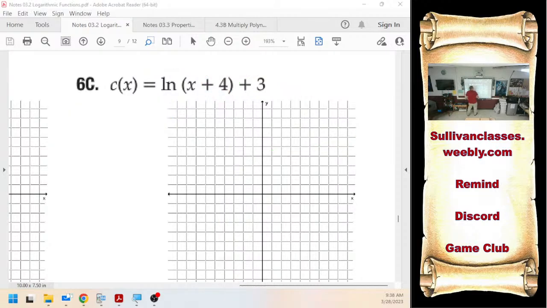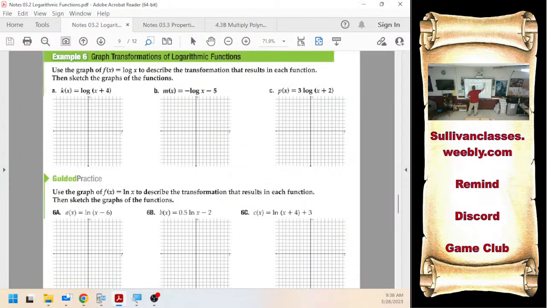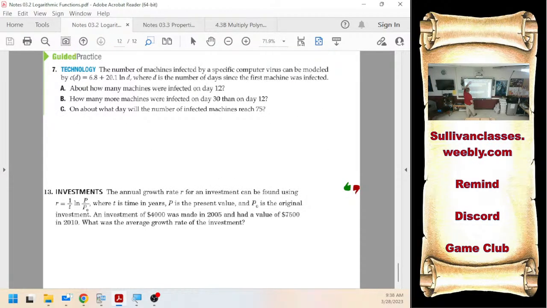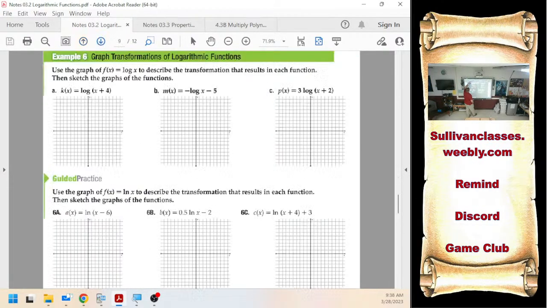Let me double check the examples here. Okay, so let's say, go over and use the A spot.